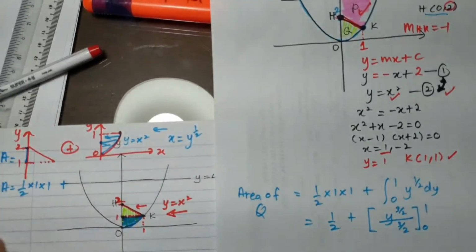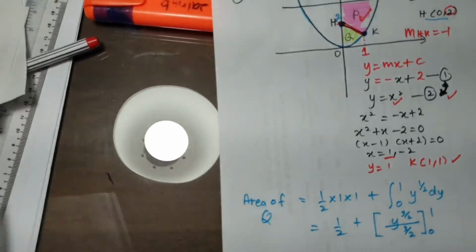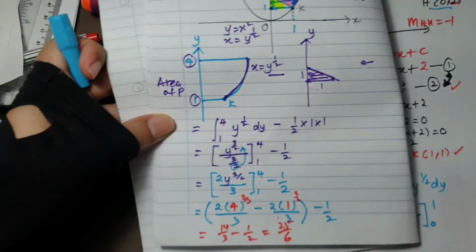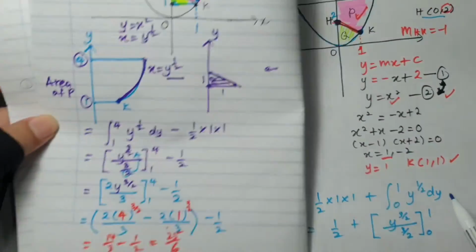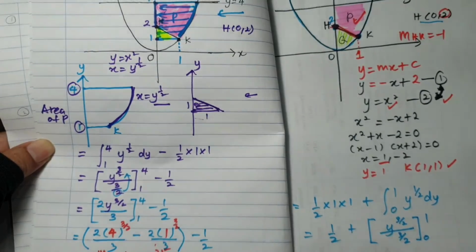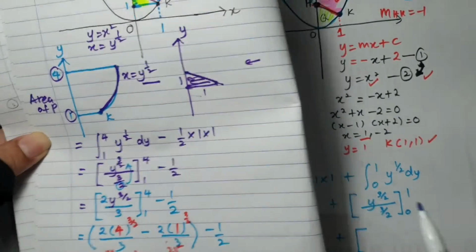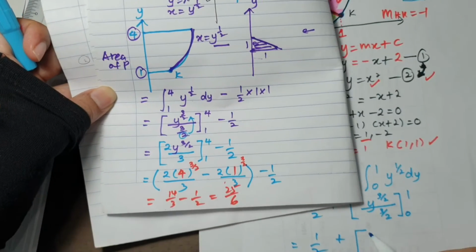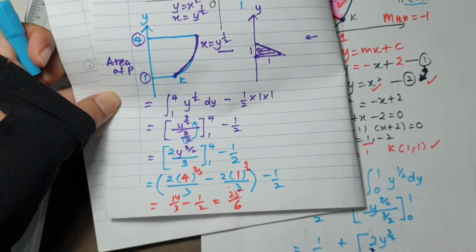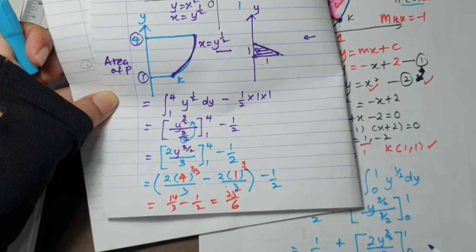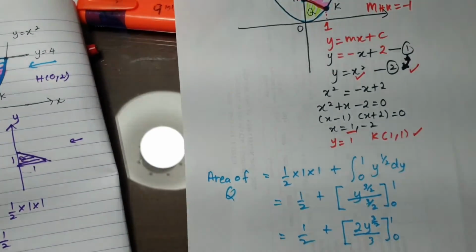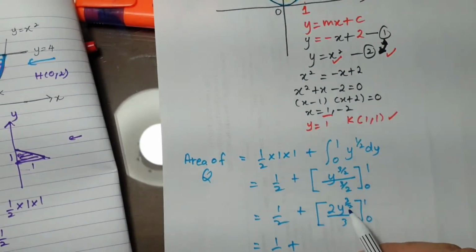Okay, sama macam ni tadi lah. Kita integrate the same function, right? This one. So now you have half plus, this one is 2 y power 3 over 2 over 3, 1, 0. Okay, masukkan half plus, first put in 1.